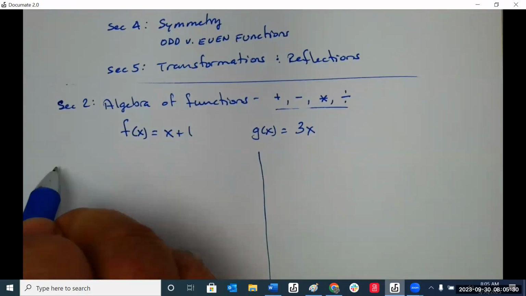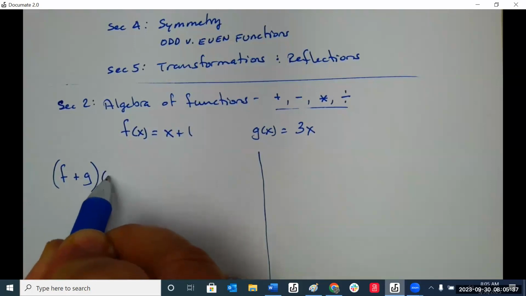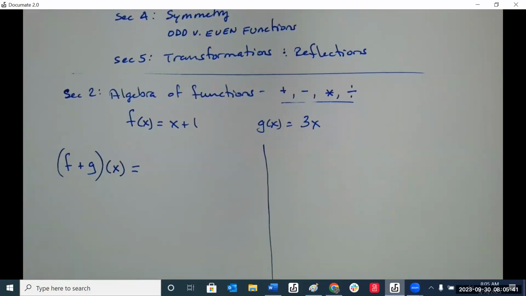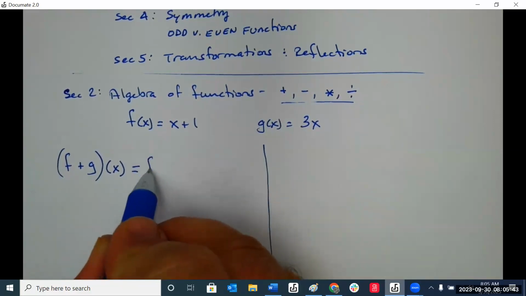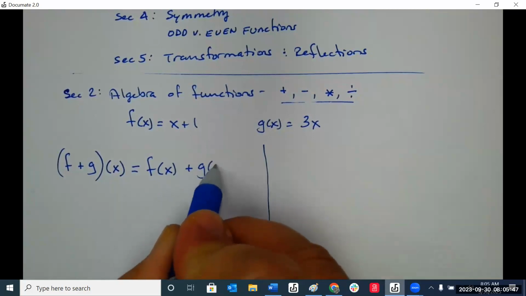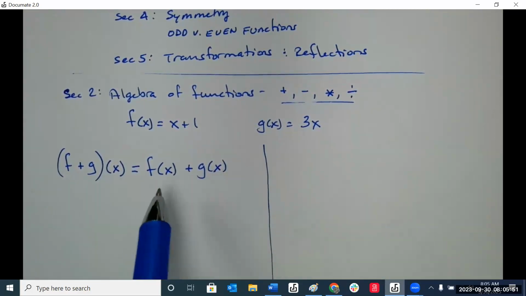Well, the first thing, we can add 2 functions together. What this really means is we can either add the 2 functions together and then put in our value x, or we can put the values x in each one of them and then add the answers together.